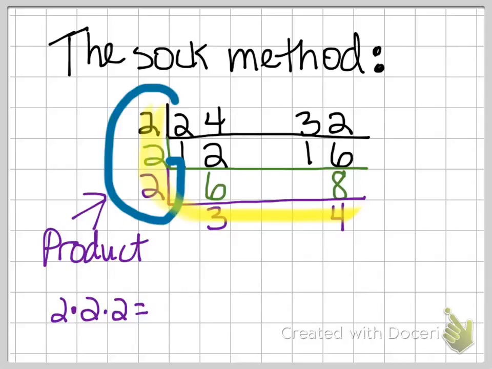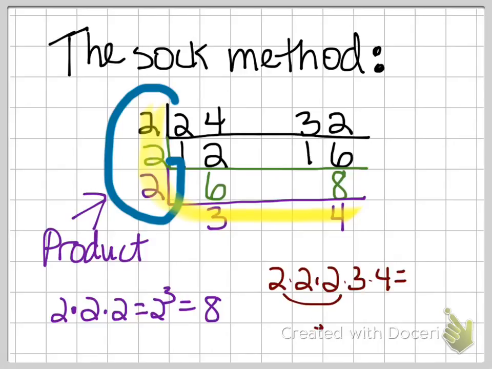Eventually I'm going to teach the kids that this is 2 to the third power. In any case, the GCF here is 8. The least common multiple is the product of everything in yellow. So that's 2 times 2 times 2 times 3 times 4. We know that this is already 8. 8 times 3 is 24, and 24 times 4 is 96. So we have our LCM and our GCF already here.